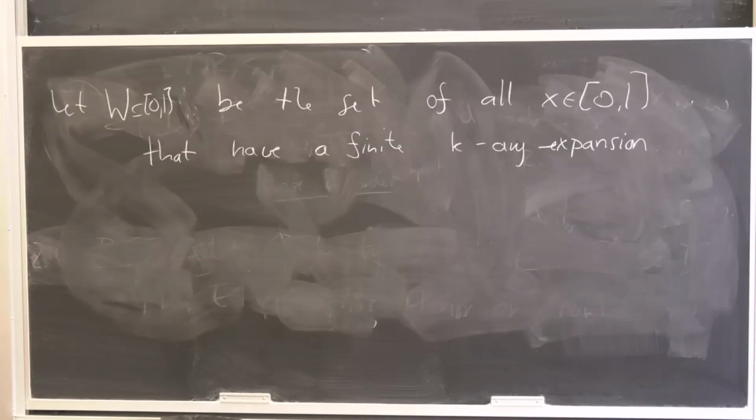So the question is, how can you define the omega orbital? Essentially, you do this the same way you did it for the Cantor set.